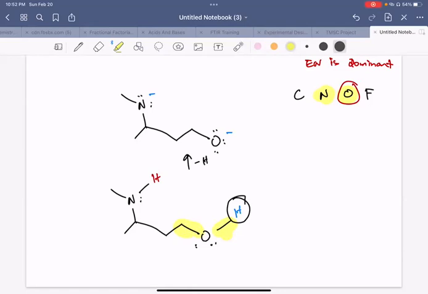And this blue proton is easily released because the electrons in this bond are more concentrated towards oxygen than hydrogen, as compared to the NH bond.